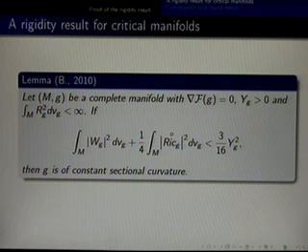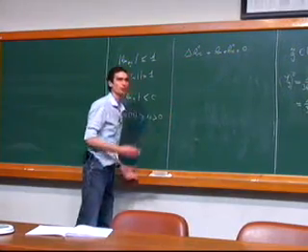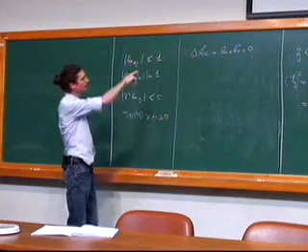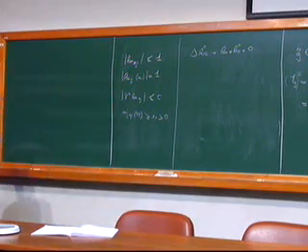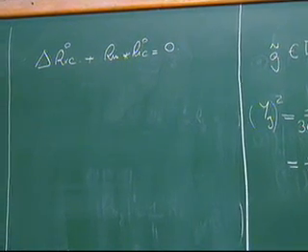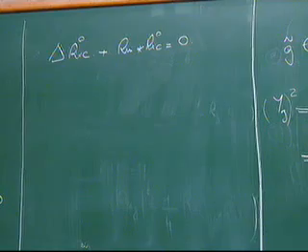And then you prove that g is of constant sectional curvature. So this is done by studying this equation. You integrate this. You do the scalar product with the traceless Ricci tensor. It will give you an inequality, and then you can prove such a result.